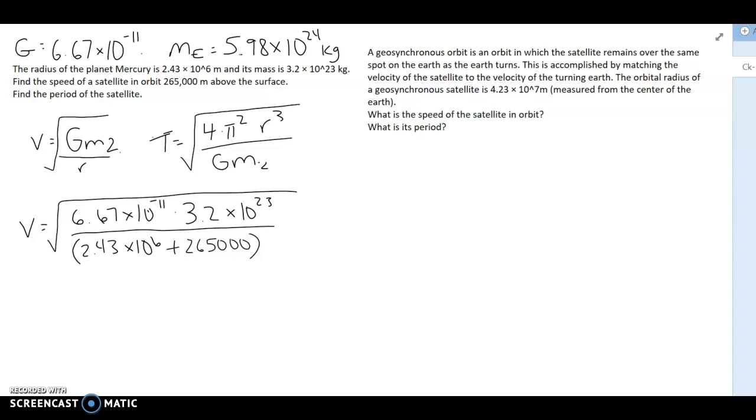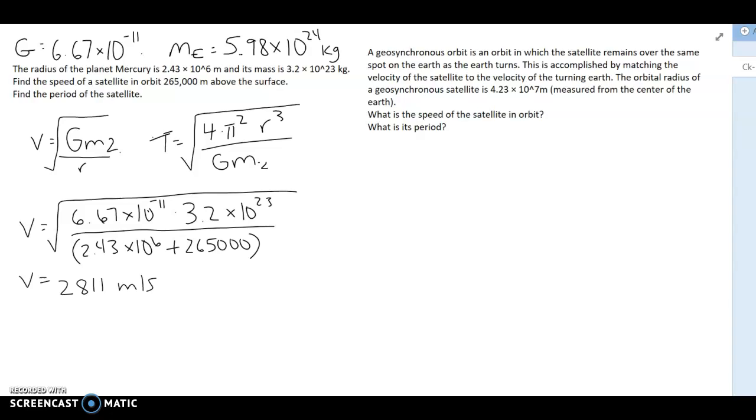So you have to add those two numbers together, and when you do all that math, your velocity comes out to be 2,811 meters per second.